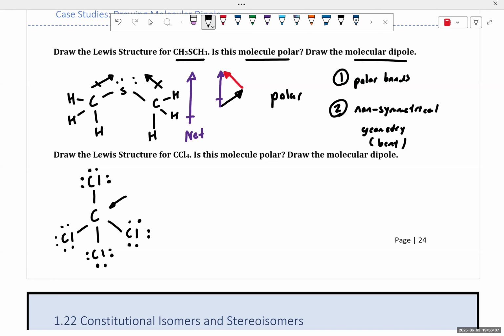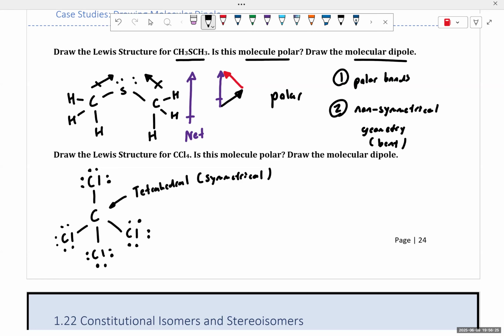Looking at the central carbon, we see we have four bonded atoms, so this central carbon is tetrahedral. This should immediately set off a minor alarm bell in that this tetrahedral geometry is symmetrical.